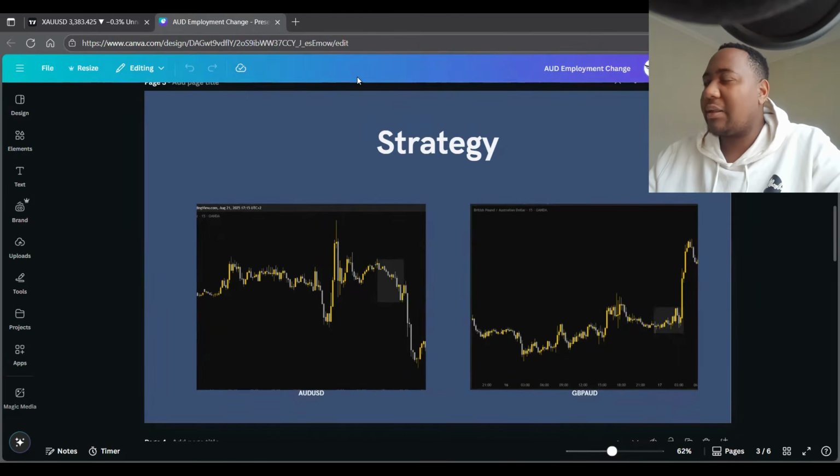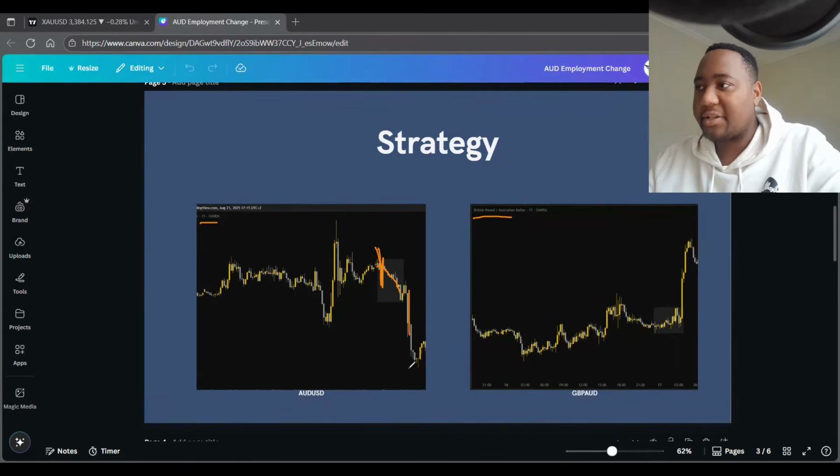Now, the strategy typically involves you looking at the M15, whether it's AUD USD or GBP AUD. At midnight, you don't have to be awake, rather a few minutes before you can trade this event. The trend that starts off at midnight, that's the trend that the event is going to follow at 3:30.